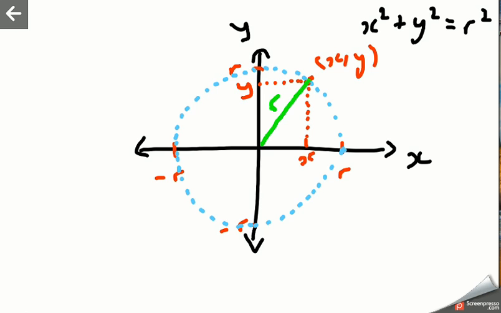And so for this x and this y, it must be the case that x squared plus y squared equals r squared, where r is the radius of the circle and hence the length of the hypotenuse of the right angle triangle. Obviously this is a right angle down here. So that's how I would guess somebody came up with it, but actually I have no idea, and I don't think anybody knows exactly who the first person was to come up with it or how they came up with it.